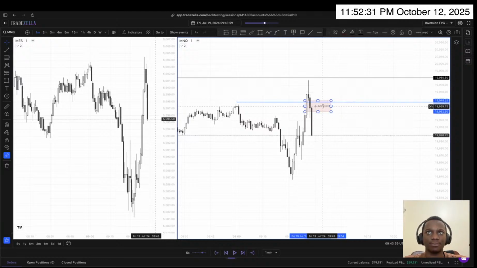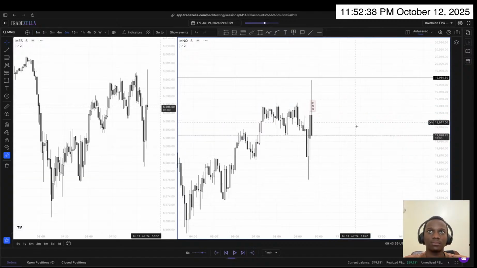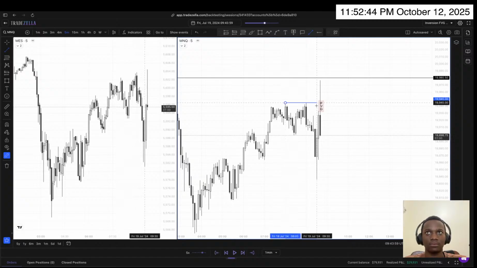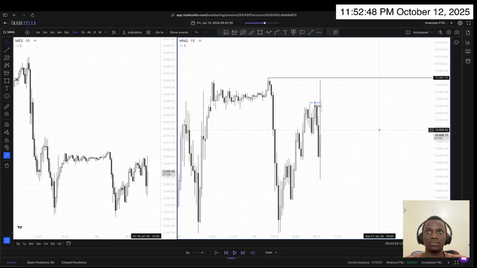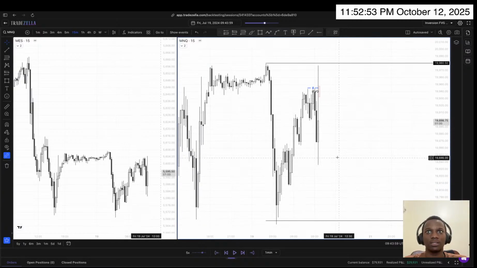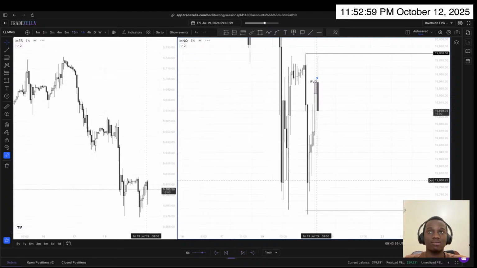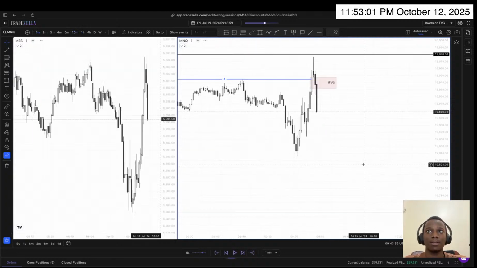Inversion. Gap's getting respected. I'd like to see a continuation to this here. 1 hour, we're still in the gap.